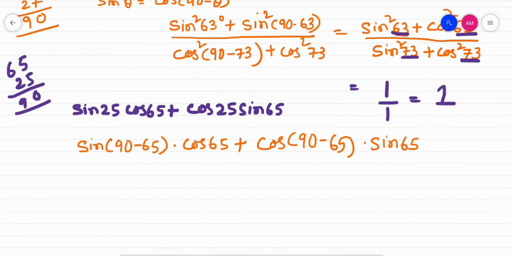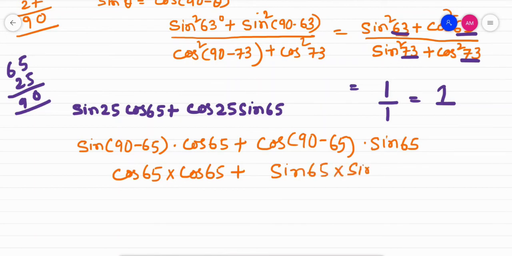Now see, sine (90 minus theta) is cos theta, so this is becoming cos 65 multiplied by cos 65 plus, here you are getting cos (90 minus 65), so this will become sine 65 into sine 65. Now what will this become? This will become cos square 65 plus sine square 65.